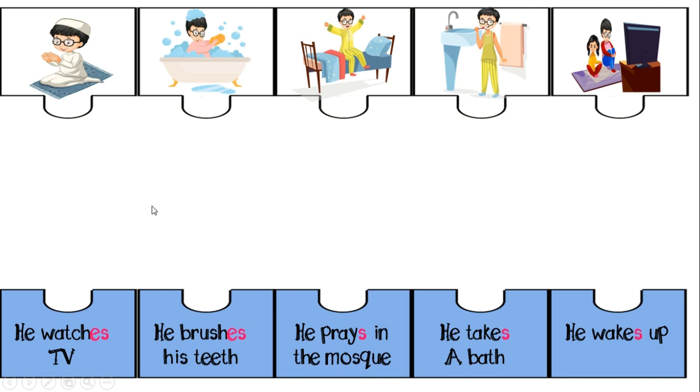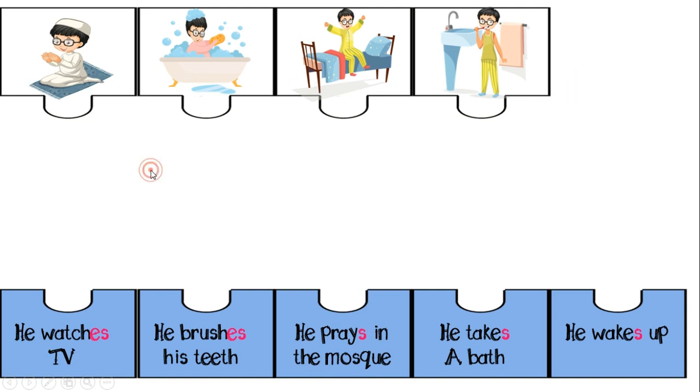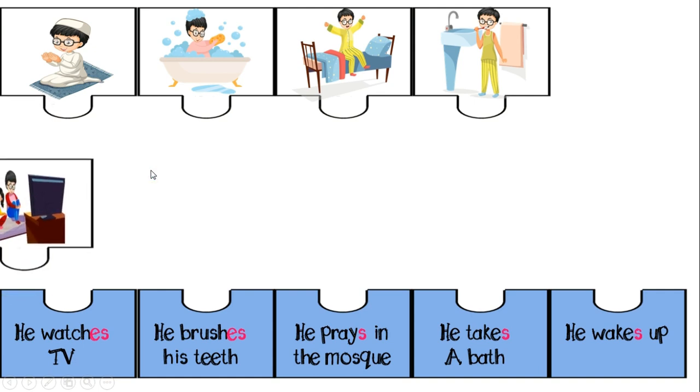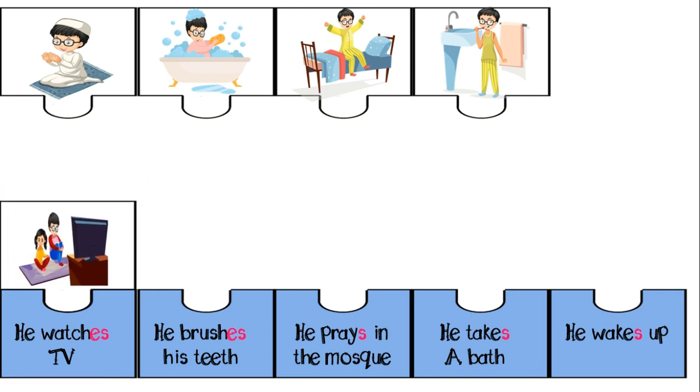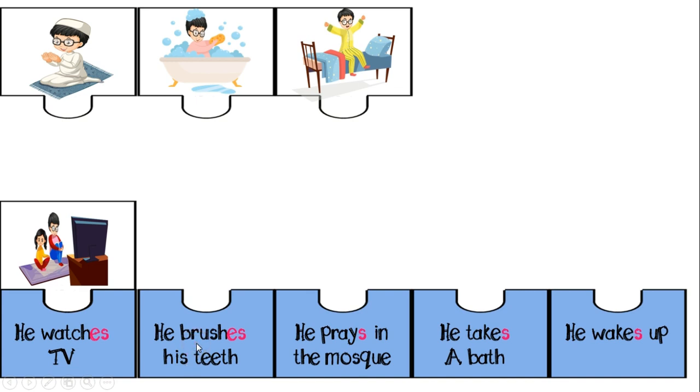So let's start with the first one. He watches TV. Which one of these is the right activity? Very good. This is he watches TV. He refers to Omar. Very good work. Next, he brushes his teeth.